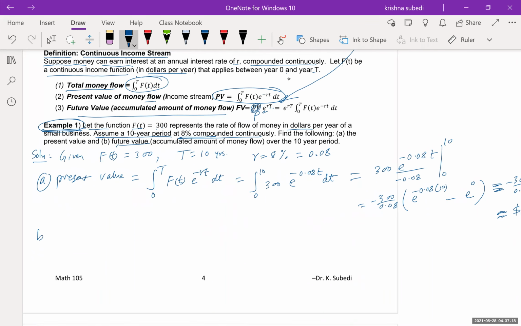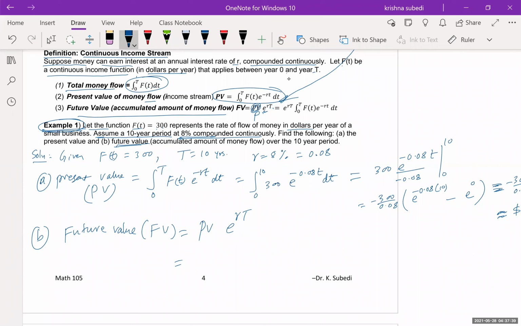Okay, part B. So the future value is, this is present value PB and future value FB is given by, you see the formula here, PB times e raised to power RT.